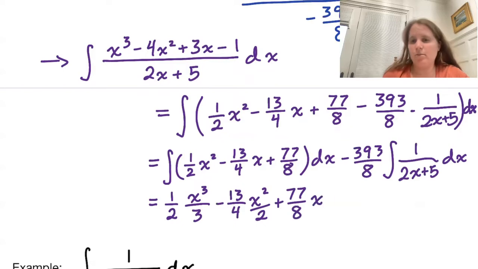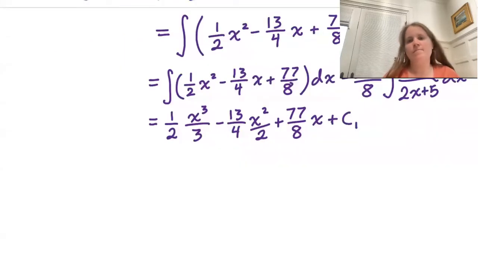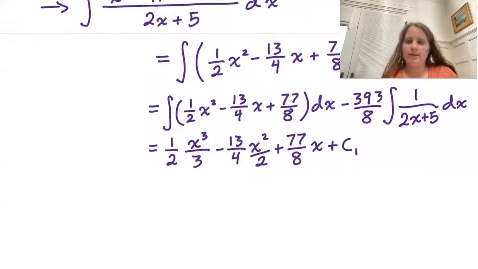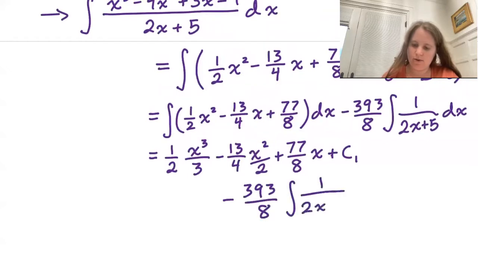And then we would have a plus, I'm going to say plus C1. For our second integral, I'm going to give myself more space. So for our second integral, we then would have minus 393/8 integral of 1/(2x plus 5) dx.